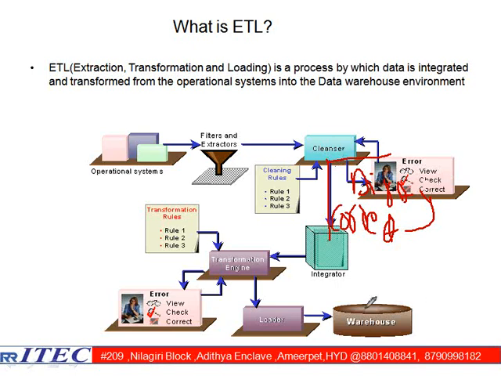Am I clear? Now once we got data into the integrator, what are we going to do? We are going to apply the transformation rules. Suppose from the source system I am getting gender as M and F. But in the reports, to show properly, M stands for male, F stands for female.